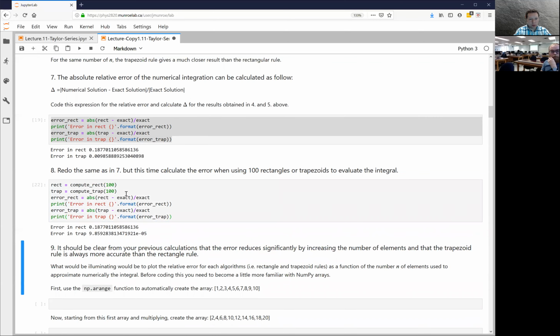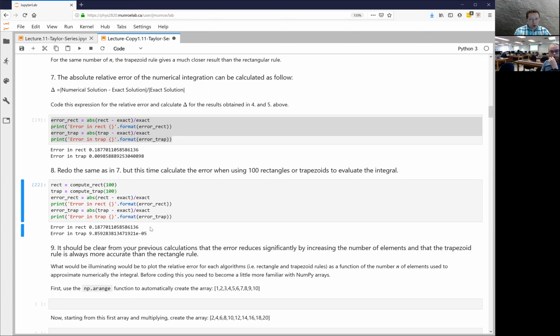There we go. So well, that's sort of suspicious. That didn't seem changed for the trapezoid. Didn't look like it changed at all for the rectangular rule. So that suggests to me that I probably have a mistake somewhere in my code. So let me leave it to you for a moment. This is suspicious to me because the number didn't change at all.